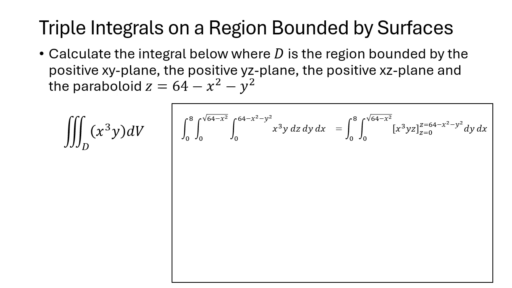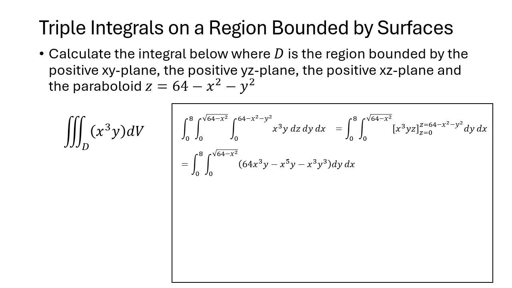Substituting these values and subtracting, well, we know that subtracting 0 really is trivial, we get the integral from 0 to 8, integral 0 to square root 64 minus x squared of 64x cubed y minus x to the 5th y minus x cubed y cubed dy dx.